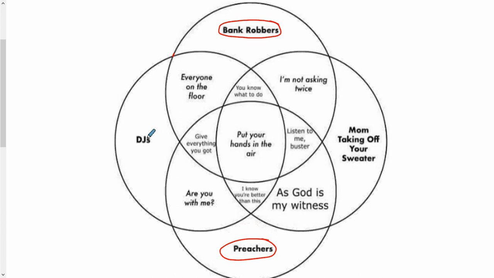Same thing, there shouldn't be anything really related between DJs and moms taking off your sweater. But you can see that there's no overlap between just the DJs and moms, or just bank robbers and preachers, but there are specific overlaps between DJs and bank robbers, everyone on the floor, or preachers and moms, as God as my witness. Whereas if we look at this one right here, I know you're better than this, that means it's the overlap between DJs, moms, and preachers.